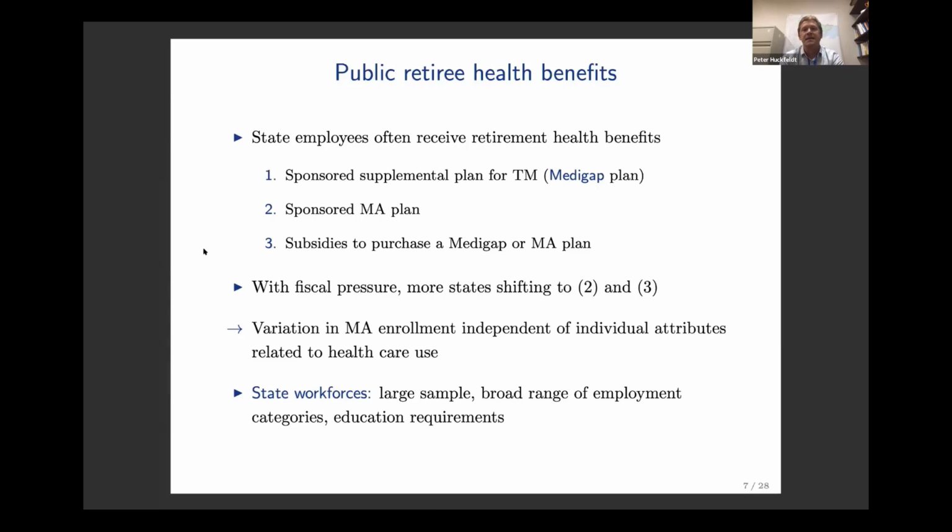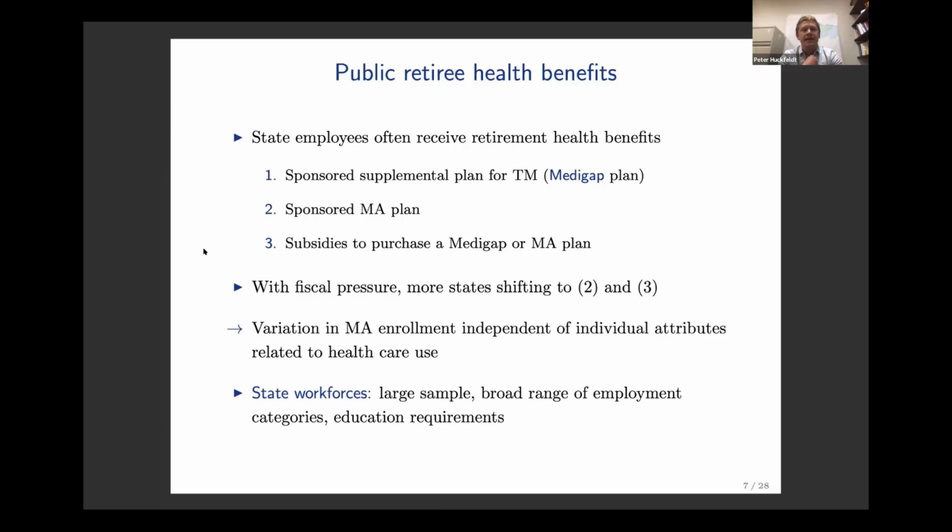This covers the substantial cost sharing that's required under traditional Medicare. Another approach is to sponsor a Medicare Advantage plan. Basically, the plan is just offered to state retirees, and then the state helps with premium contributions. And then the third approach is to provide subsidies for retirees to purchase a Medigap or Medicare Advantage plan.